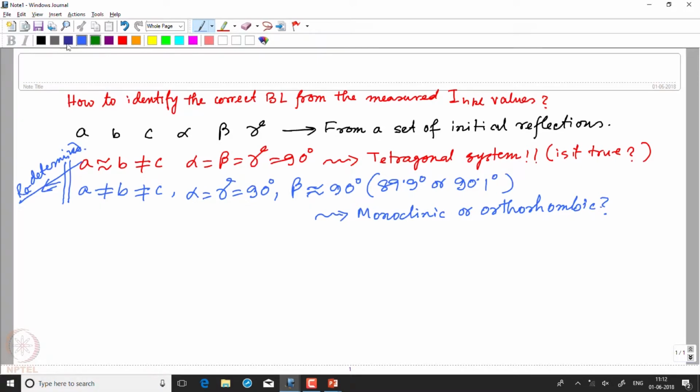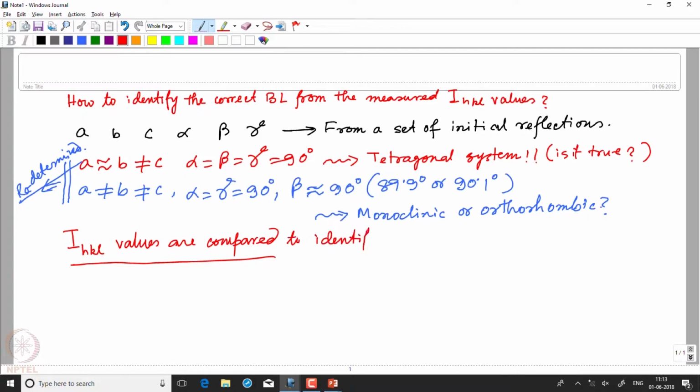And what is done is that we compare various IHKL values to identify the crystal system more accurately.